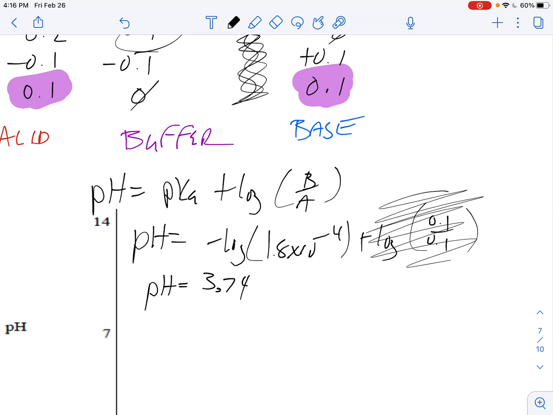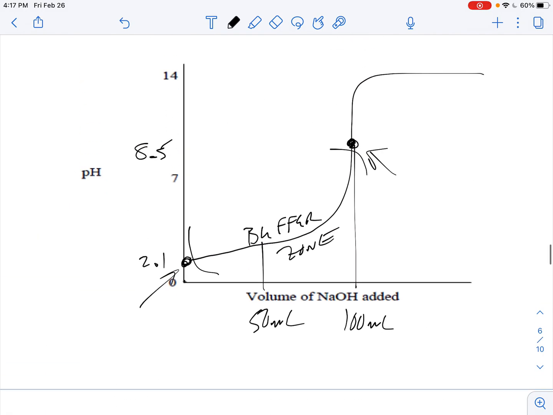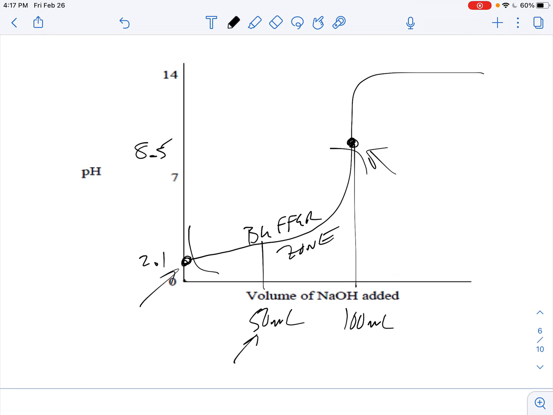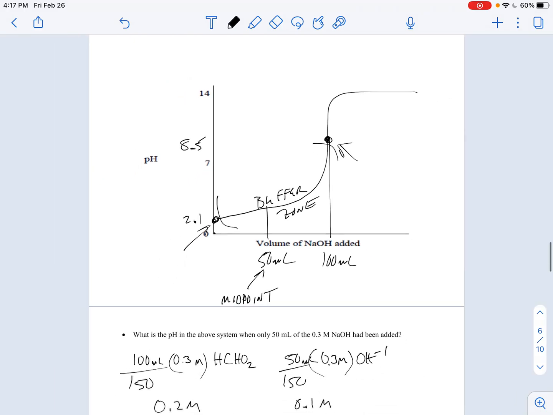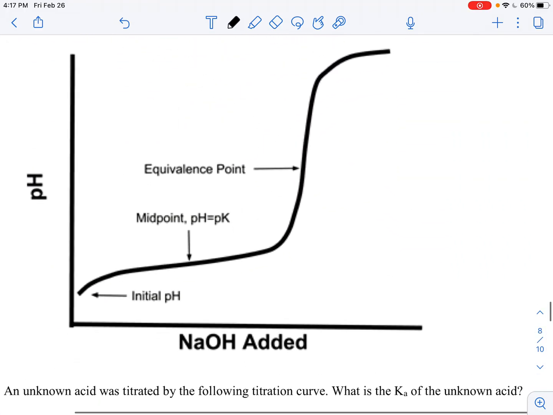So what we have just identified is a very, very important point. And that very, very important point in our graph that's here, the halfway point, is called the midpoint. The midpoint on a graph is a very special point. This point here is halfway to the equivalence point here.